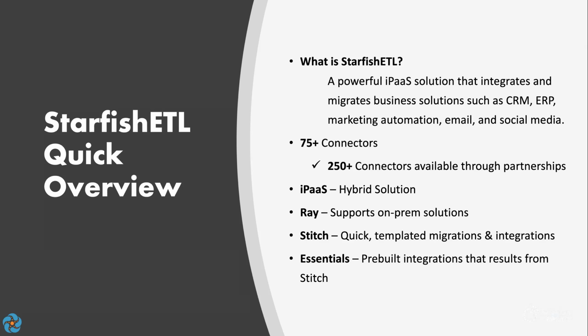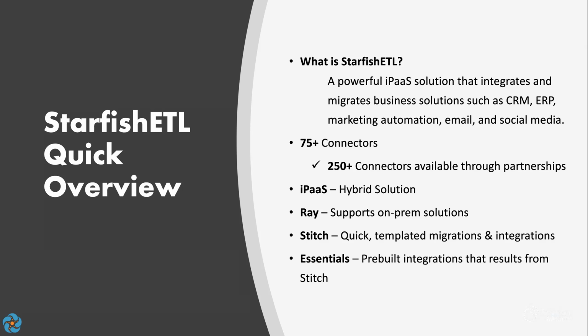All you have to do is map your marketing automation system to our pattern, and we will generate the integration or a good portion of the integration. And then Essentials is our pre-built integrations that result from our Stitch product.